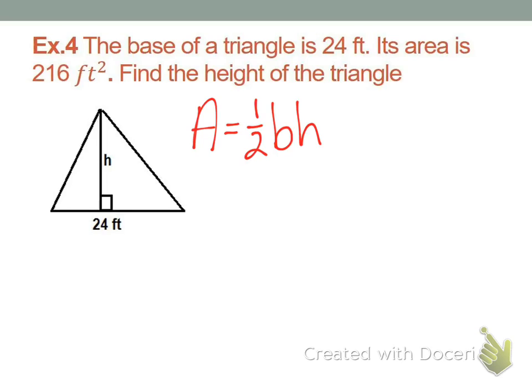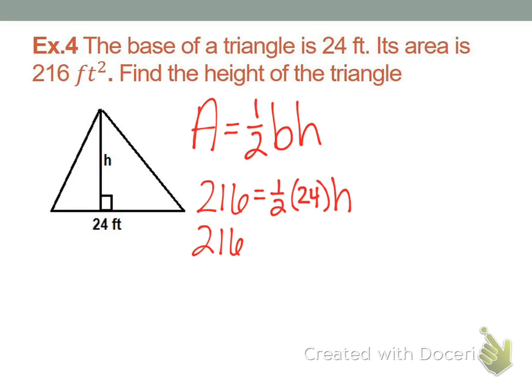Instead of an A, I would write 216 equals 1/2. Instead of a base, I would put 24. I do not know the height. Okay, there are a couple ways you could go about this. What are you wanting to do? Take half of 24 is a great idea because 24 is an even number.